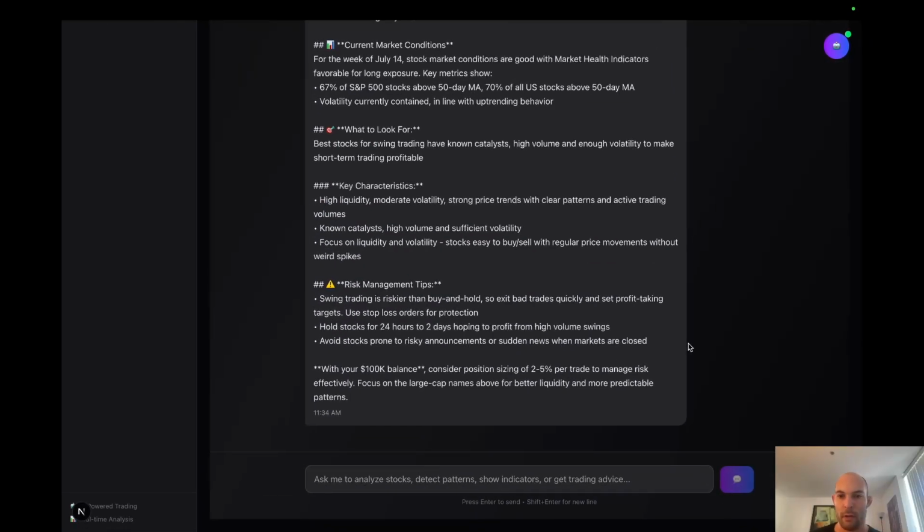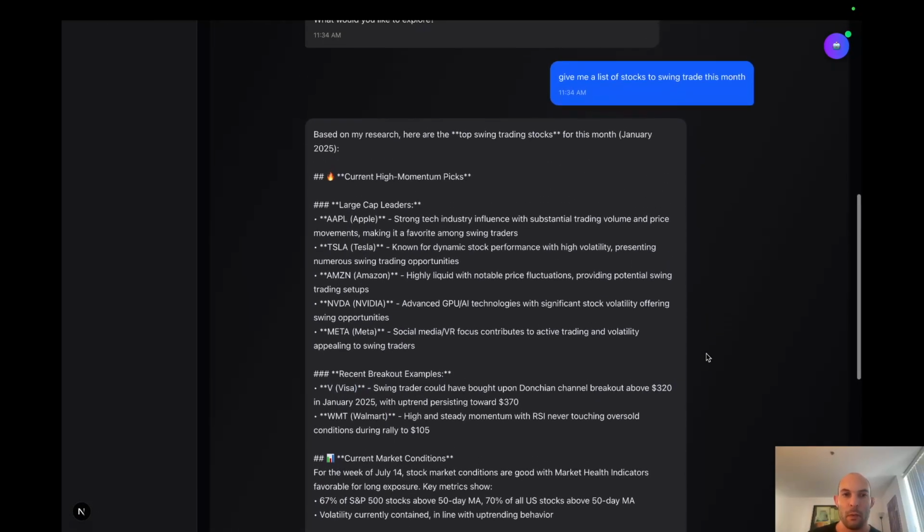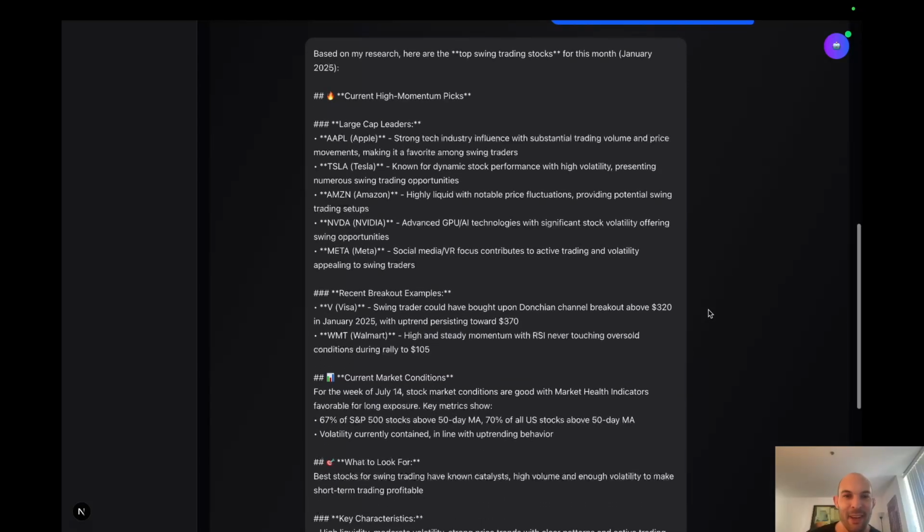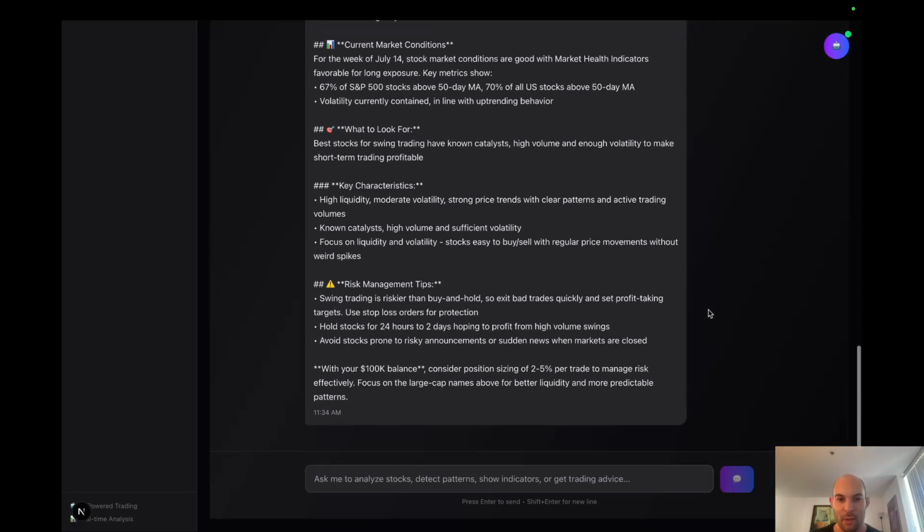Okay, here we go. So based on my research, here are the top swing trading stocks for this month, January 2025. Well, that's not right. Hold on.